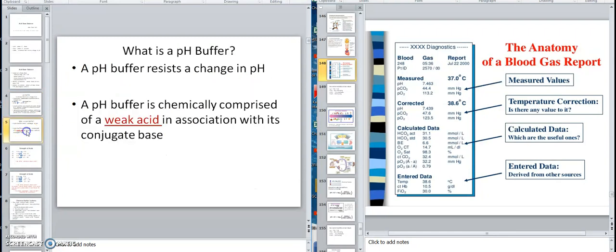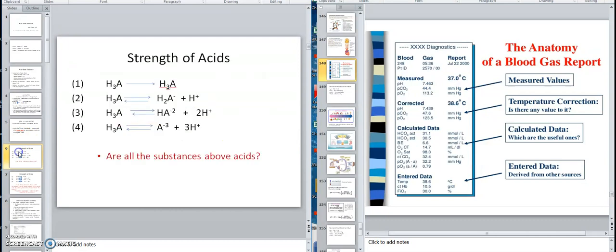First of all, what is a buffer? A pH buffer resists the change in pH. A pH buffer is chemically composed of a weak acid and its conjugate base. All right. Now, this is a generic. A is a placeholder like X in math. It's an anion because H is a positive, anion is a negative. Now look at this. All of these have the proton thing.